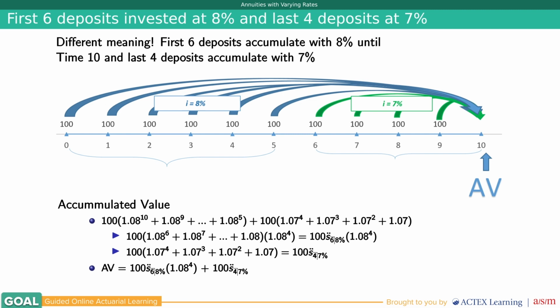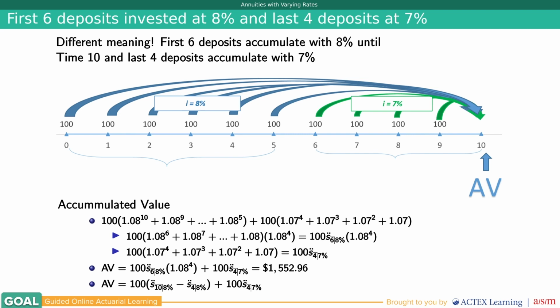Please review the 2 bullets under accumulated value to see how this is the case. In the end, the total accumulated value is $1,552.96.